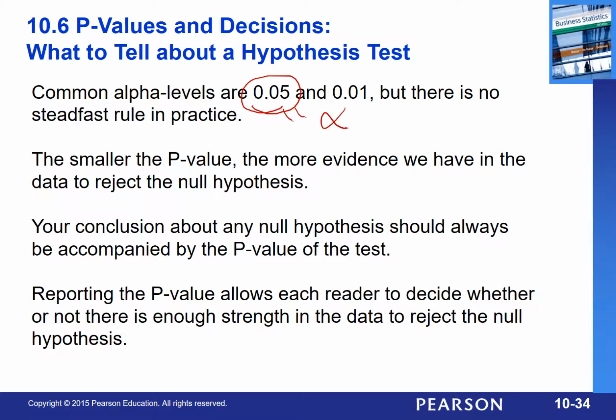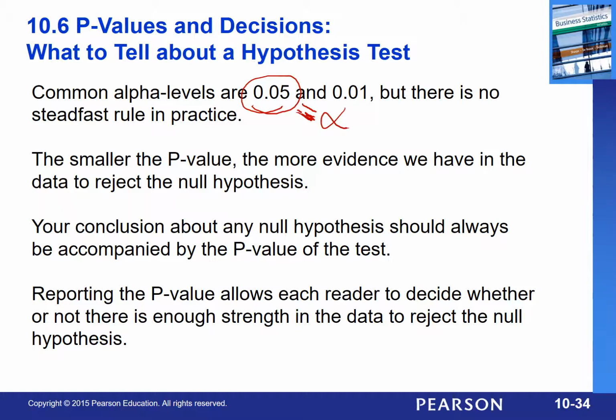We're going to use alpha is 5%. So just keep that in mind. If you're ever doing a question and they don't give you a particular significance level, you should be using 5%. But again, this isn't a steadfast rule. It changes all the time.